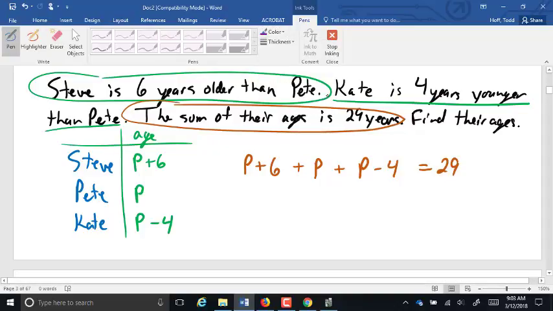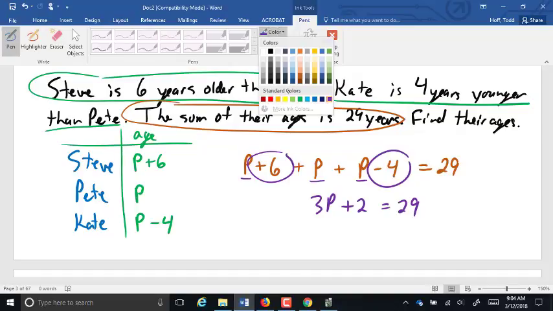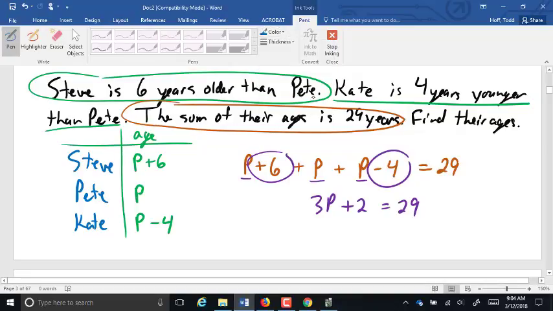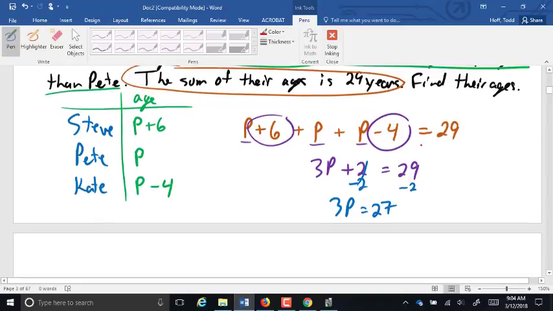Now, of course, I can combine here. P and P and P make 3P. Positive 6 and negative 4 make 2. So 3P plus 2 equals 29. I've combined the variables only on one side, so I can go ahead and solve by subtracting 2. 3P equals 27, and then divide by 3.